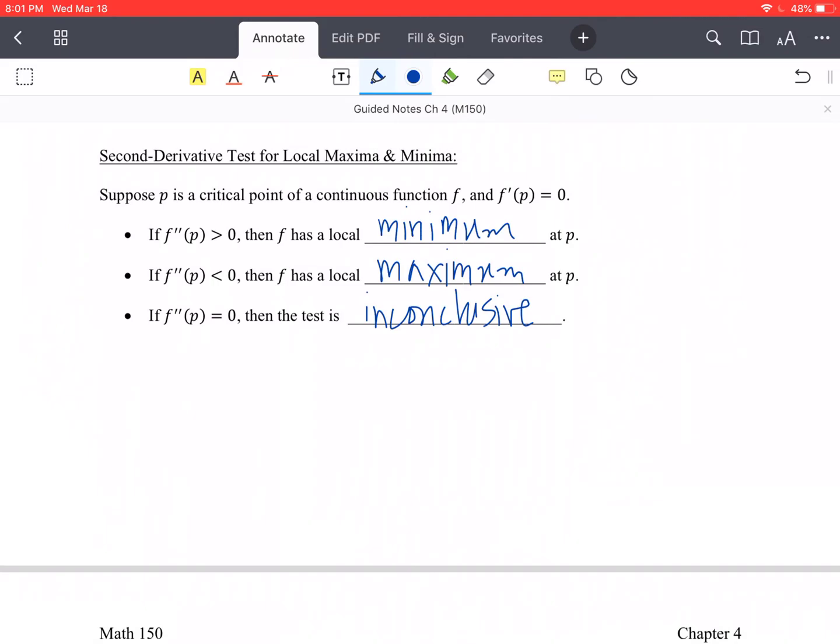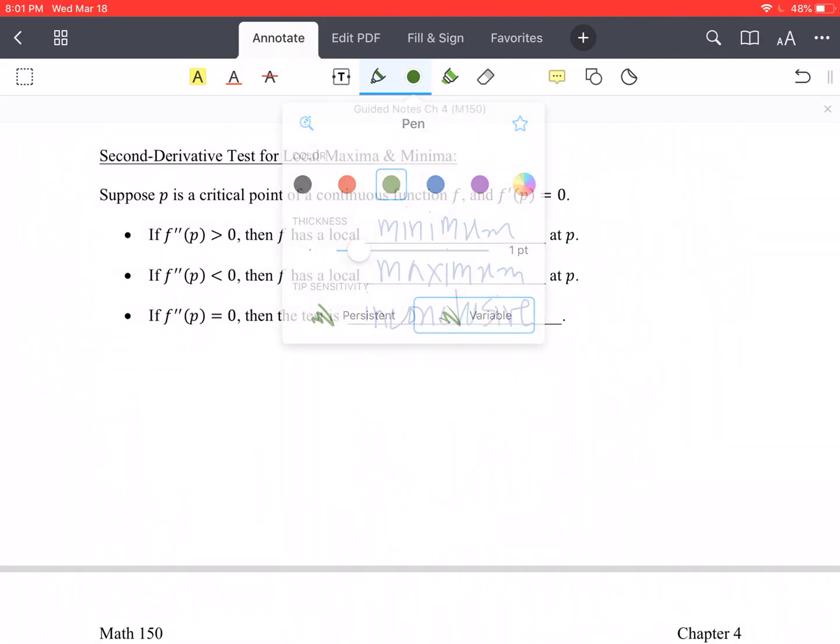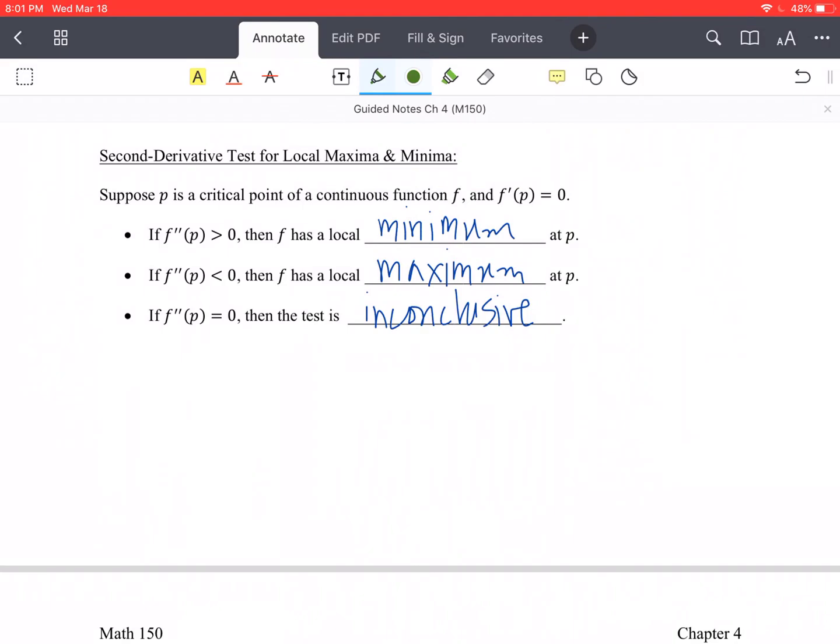This one is a little counterintuitive, right? Because you think concave up, you would think maybe maximum, concave down, you would think minimum, but it's actually the opposite. The reason for that is because the concave up graph looks like a U, right? That's concave up. And the critical point occurs where the derivative is 0, and so that is down here at the bottom.